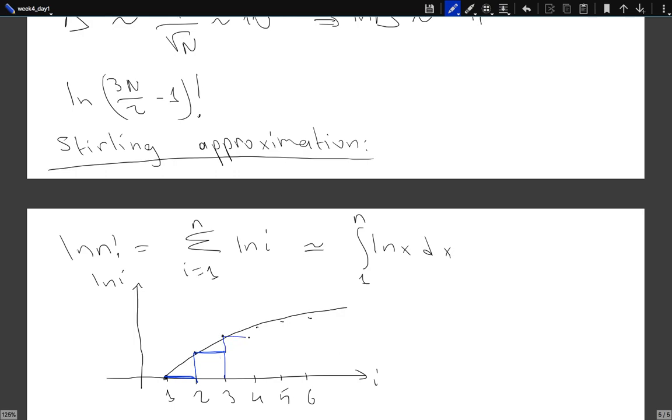The logarithm of 3 is the area of this one. The logarithm of 4 is this area over here. The logarithm of 5 is this one. So you see, the sum of the areas in these red rectangles is more or less equal to the area below that smooth curve. The area below that smooth curve is nothing but that integral.